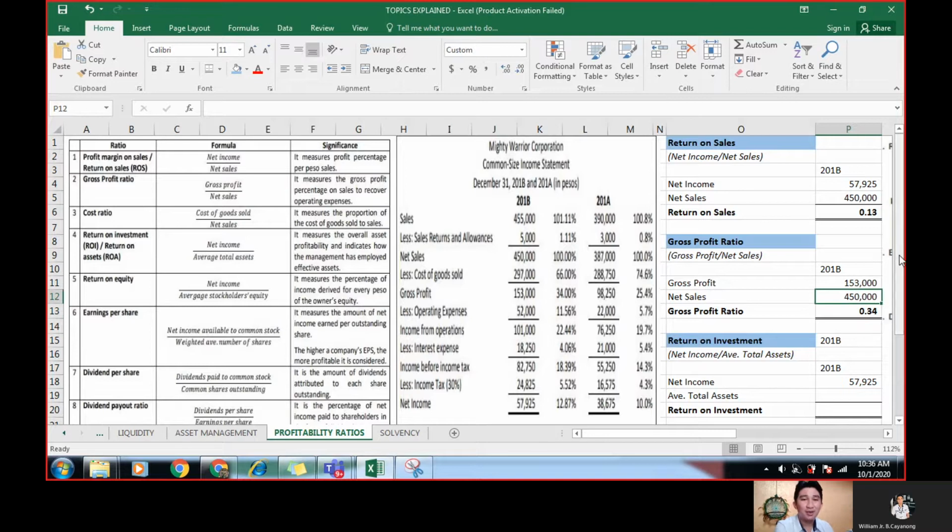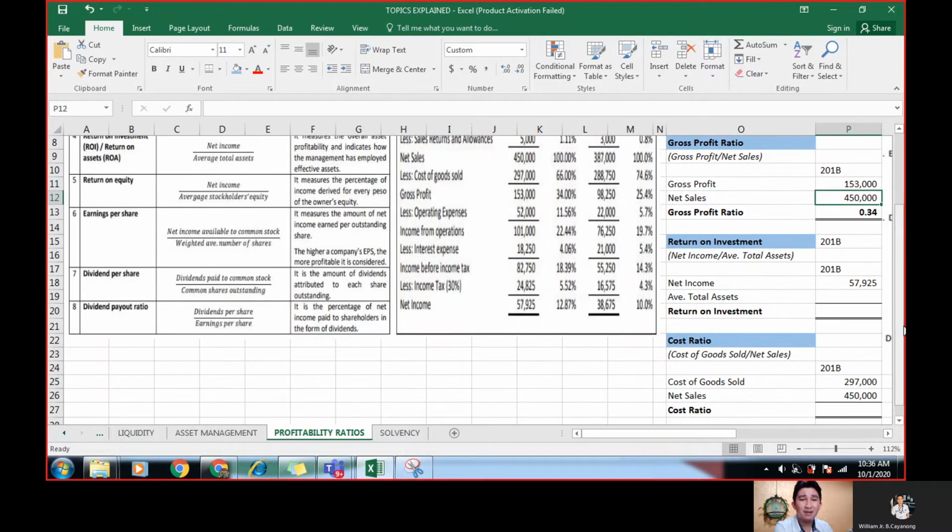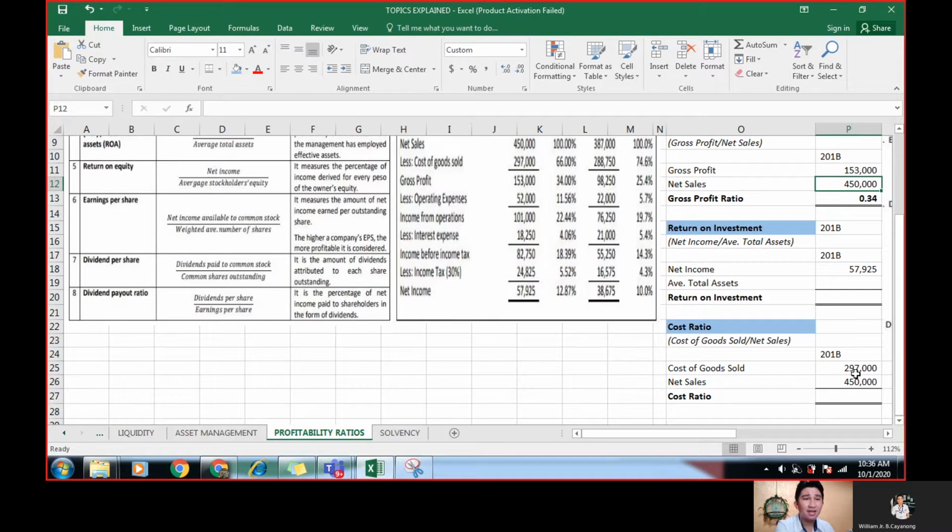Okay? So, before arriving to the return on investment, let us now move to the cost ratio. Now, the cost of goods sold is here. Cost of goods sold over net sales po tayo ha. Ayan, 297 yung cost of goods sold natin while our net sales is 450. Let us measure kung ilan ba yung percentage ng cost of goods sold over the sales.